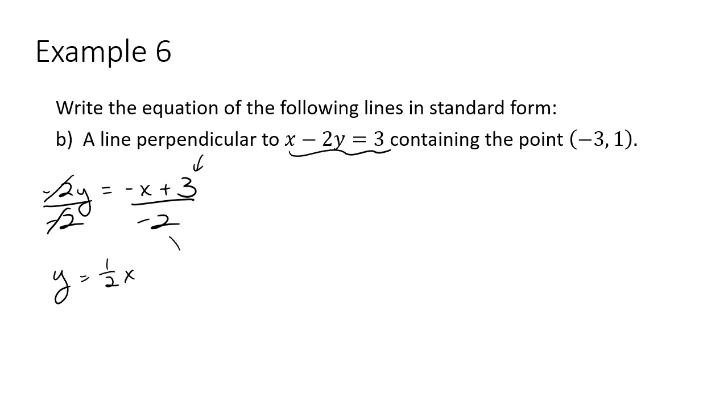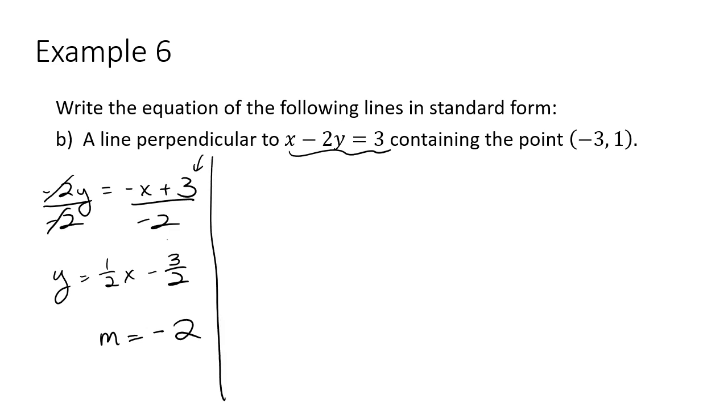And then this would be a positive 3 over -2, so -3/2. So the slope of this line is 1/2. But if we want a perpendicular line, its slope, m, needs to be the opposite reciprocal, 2 over 1, which is just 2.